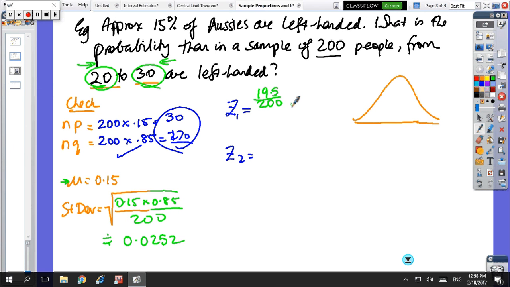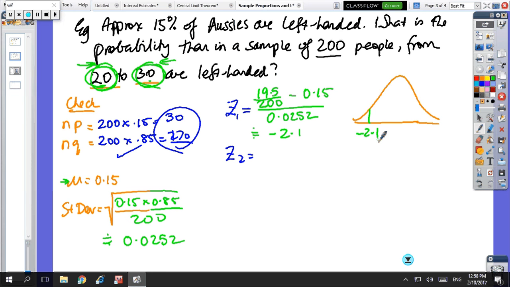So rather than doing 20 and 30, because 20 is included and 30 is included and it's a continuous variable, we've got to take it a little bit either side. So we've got 19.5, so that's the proportion minus 0.15, and we divide by 0.252, and according to my calculator, that's about minus 2.1. Okay, so that's the first z-score.